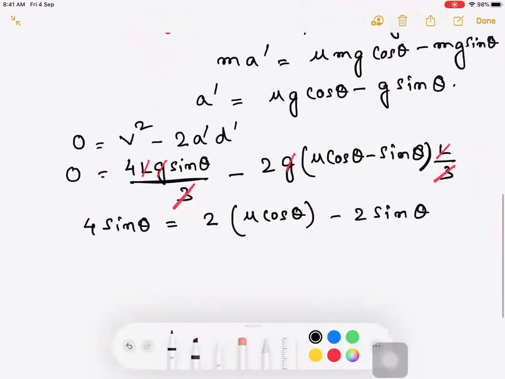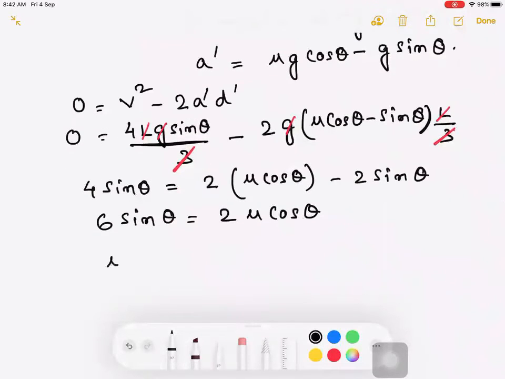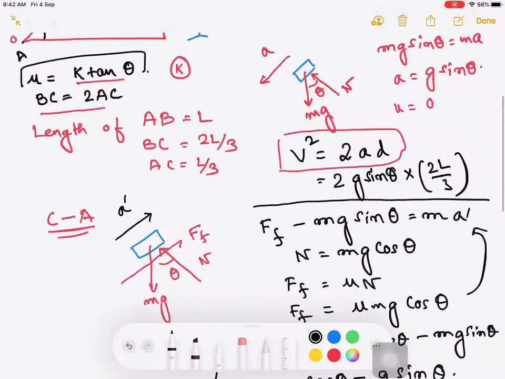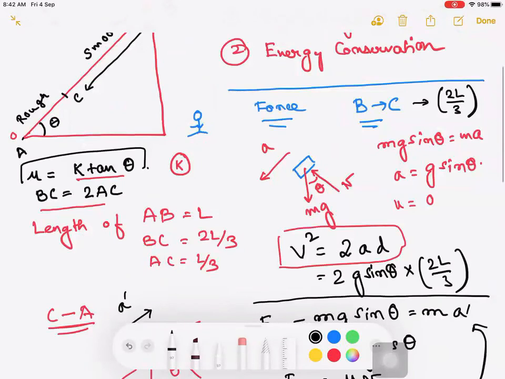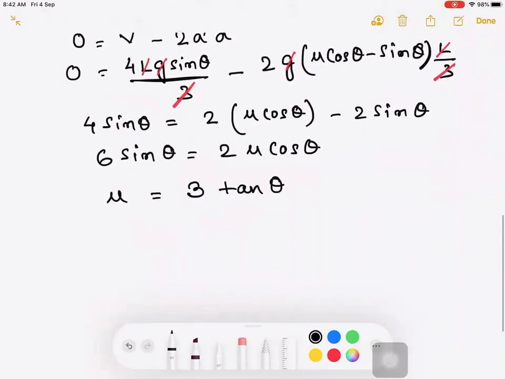And from here I get 6 sine theta is equal to twice mu cos theta. Hence, finally I have got mu is equal to thrice tan theta. Now, you are told that mu is equal to k tan theta. Clearly from here you see that k is equal to 3. So this is the answer.